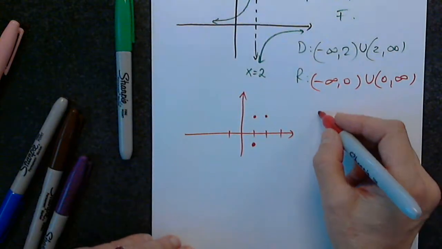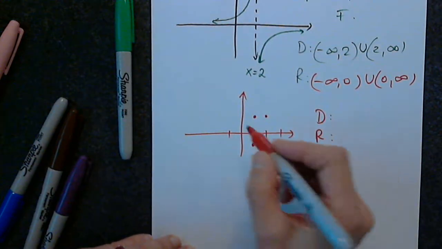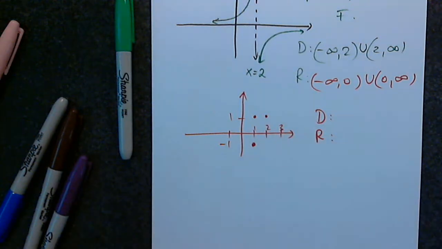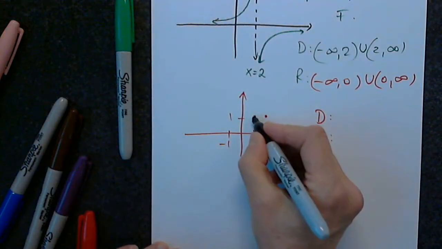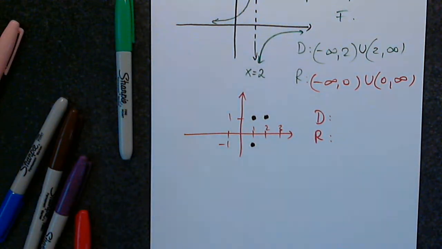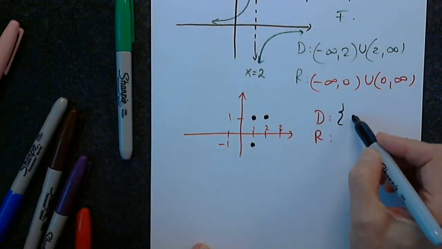I still would like you to determine the domain and the range, because we still can. So what is the domain? It's not a function, it's a relation, but it has domain and range. What is a domain? Is it 1 and 2?